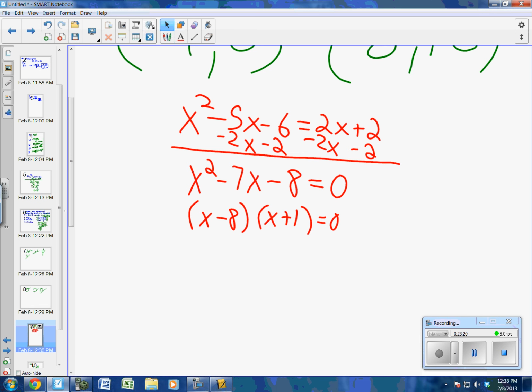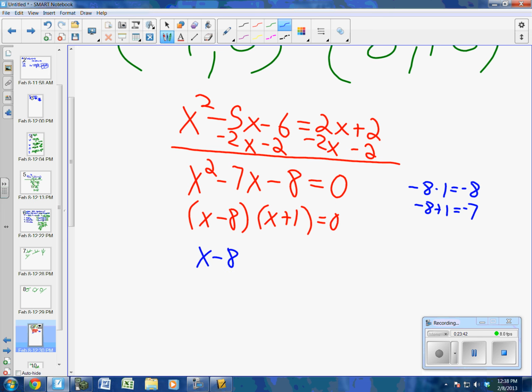Negative 8 times 1 is negative 8, and negative 8 plus 1 is negative 7, which is your middle term. All you have to do is look at all the factors of that last number and see which one works. Okay, x minus 8 equals 0, and x plus 1 equals 0. So x equals 8, and x equals negative 1.